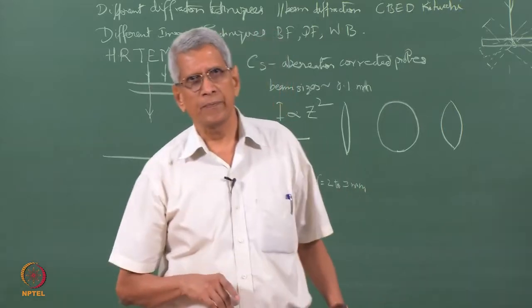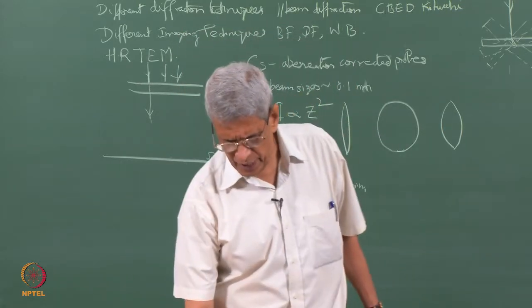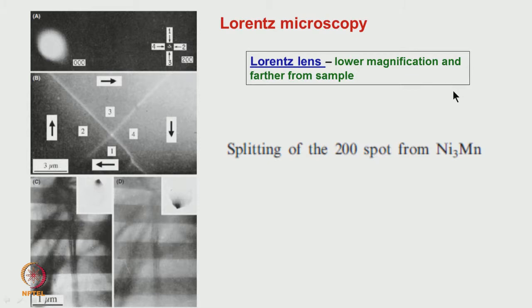By using that, the effect of the objective lens magnetic field on the optical alignment can be reduced considerably.